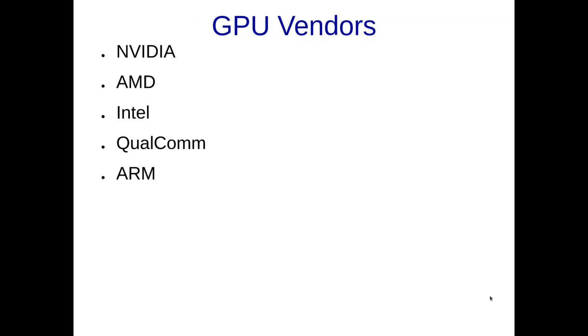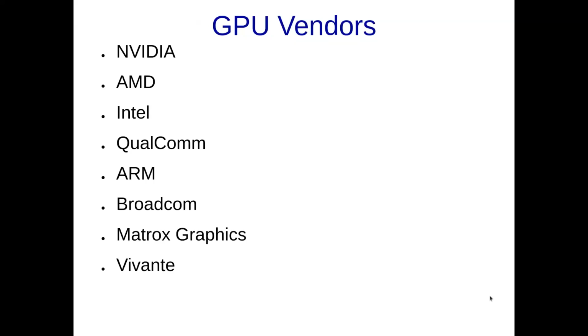We might not view them as such, but their devices, for example, their smartphones or other devices which they create, will probably have these GPUs installed in them, right? So some of these we are aware of, but there are others like Broadcom, Matrix Graphics, and even Samsung, and there are others which have their own accelerators. They need not always be GPUs, and not all of them will be OpenACC programmable, or CUDA programmable or OpenCL programmable as of today.